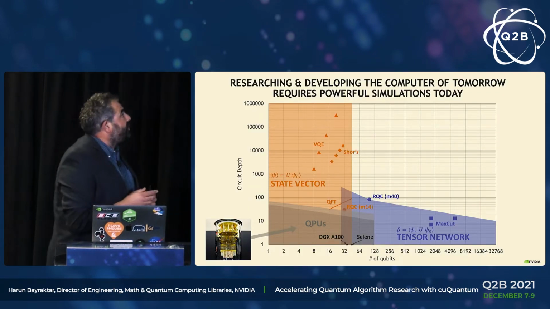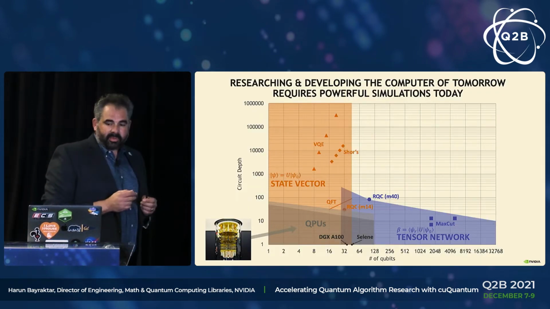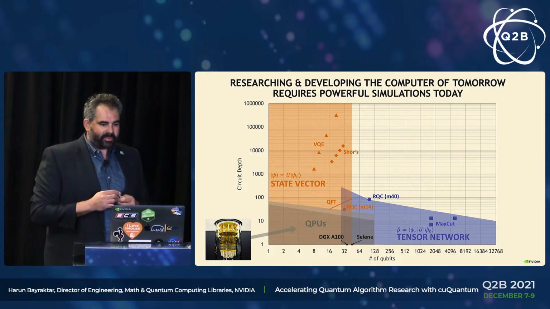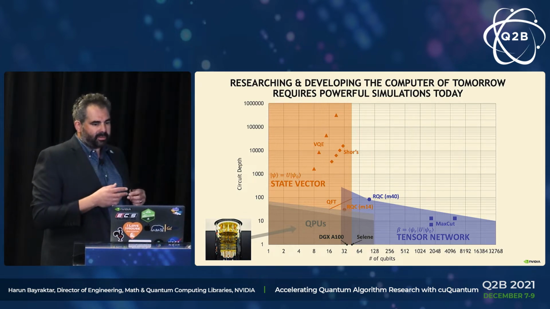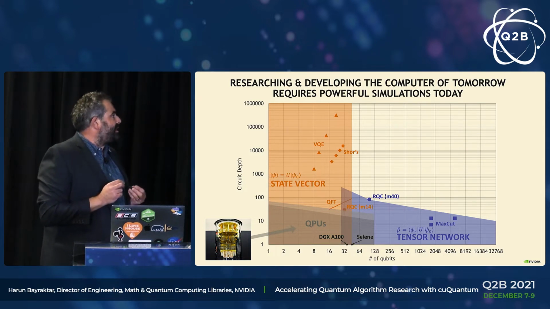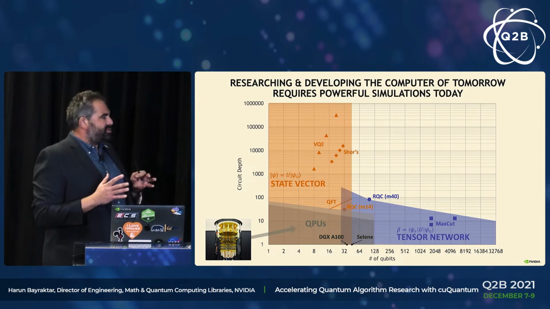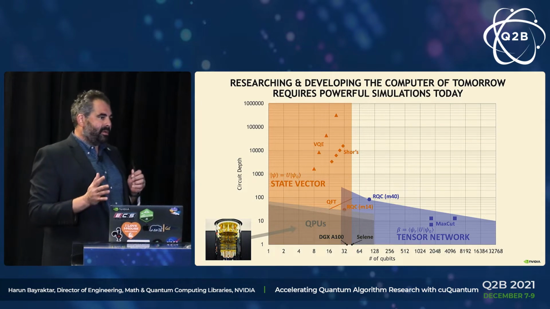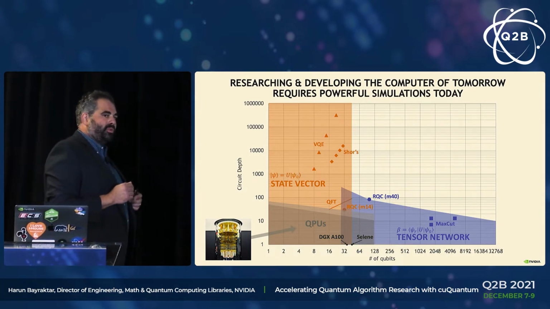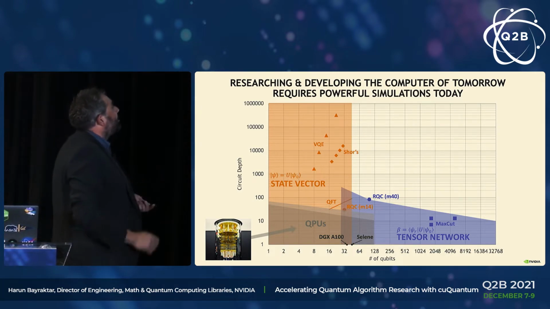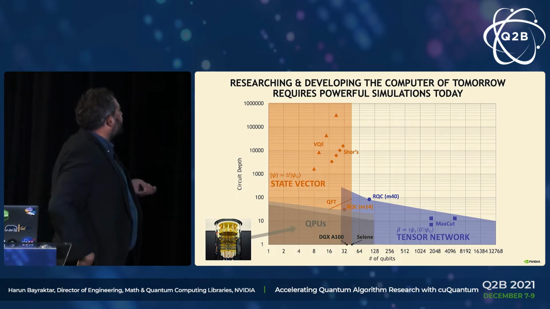All right, so researching and developing the computer of tomorrow, which is quantum computing, that'll help accelerate all of computing, will require powerful simulations today. And I tried to illustrate this in a chart. Don't get hung up on the numbers, especially the QPU numbers on the bottom left. This is a log-log chart that I put together.